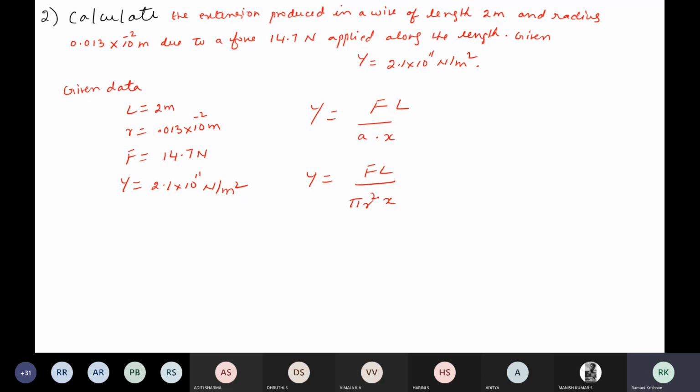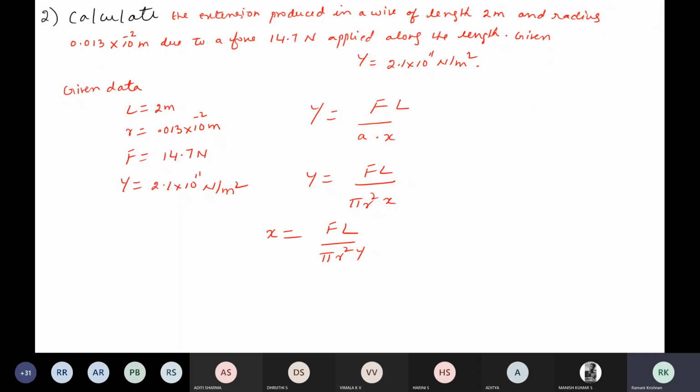Now directly they are asking you x. What is the extension produced? x is equal to F L by pi r square Y. Carry on. No one will tell me the answer.